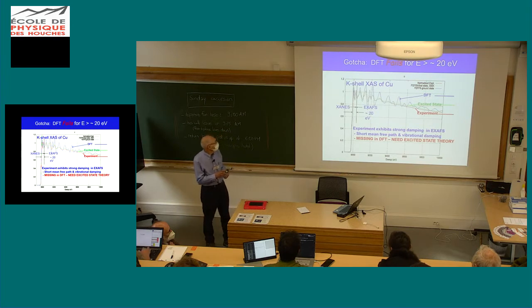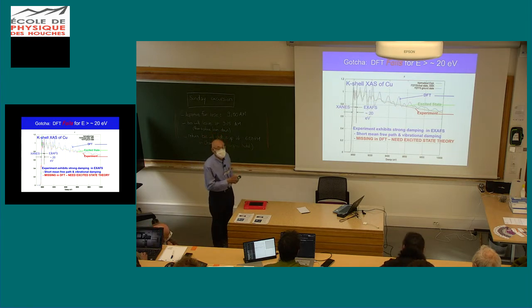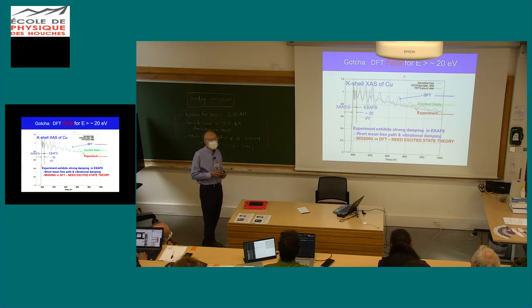It turns out this behavior reflects a very short mean free path, as you would expect from that universal curve, a banana-shaped curve, at high energies. And there's also vibrational damping. What they say is that the fine structure melts if you heat it up. So you also need to consider vibrations, which a lot of DFT codes don't. They don't need to. So what we need is to develop an excited state theory.